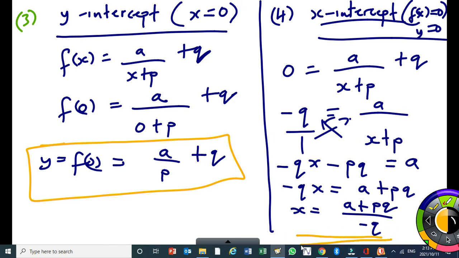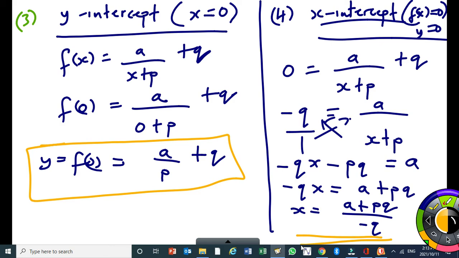Yes? So where did you get minus q? When you multiply minus q by x, you get minus qx. Minus q times positive p, you get minus pq. Please don't worry about memorizing that.